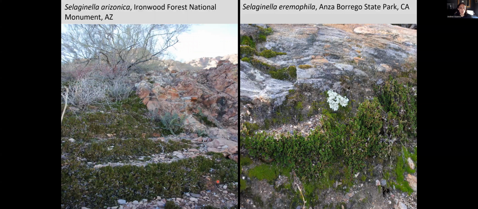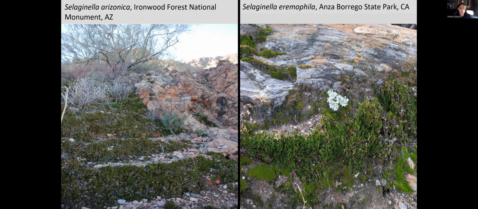In our case, we use a very special system called Selaginella. Selaginella are a really cool group of vascular plants because they're often coined as resurrection plants. They can basically come back from the dead given just a tad bit of moisture.